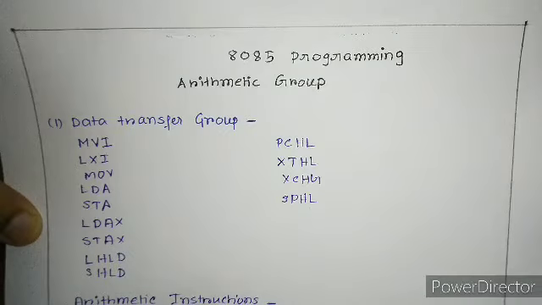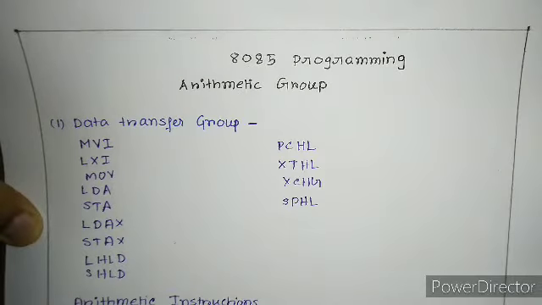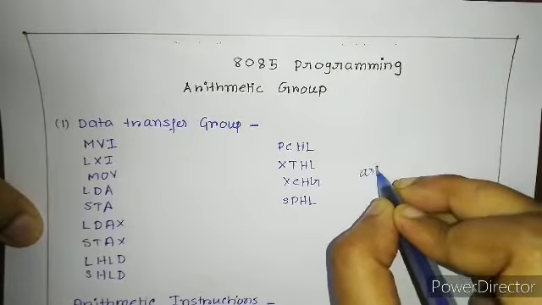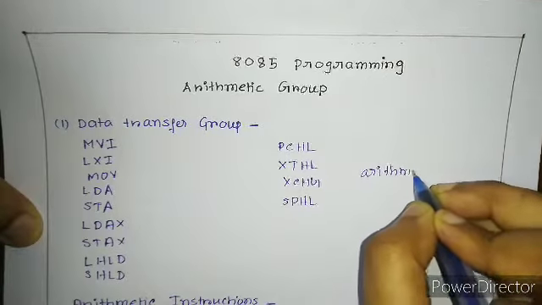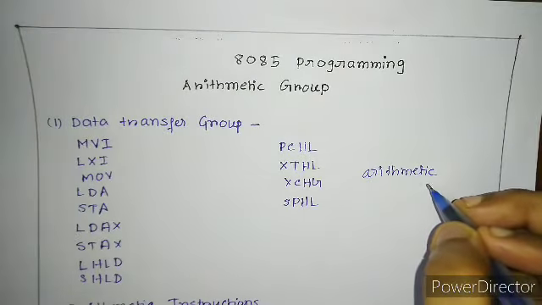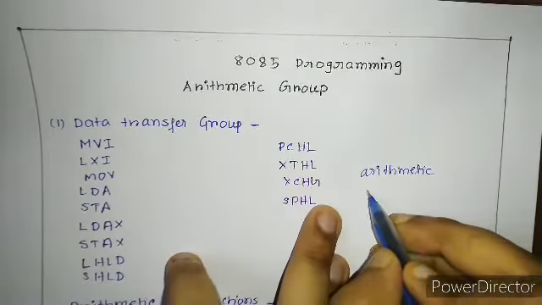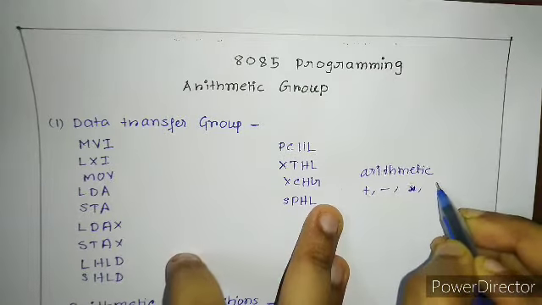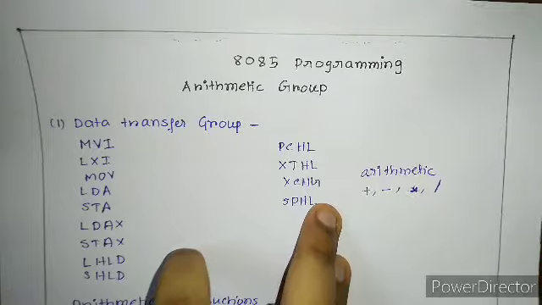In today's video, we will learn how arithmetic operations can be performed, like which instructions are used for performing arithmetic operations. When I say the word arithmetic, I'm sure that certain operations came to your mind, like addition, subtraction, multiplication, and division, right?